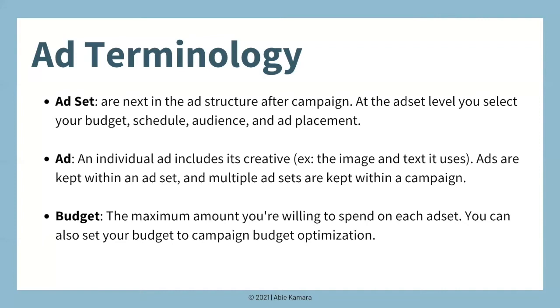Each ad set within a campaign has its own separate budget unless you select campaign budget optimization. So you can have a budget within your ad set, and each ad set will have its own budget. But if you select campaign budget optimization, which I will go over again later, it will distribute your budget throughout the campaign.